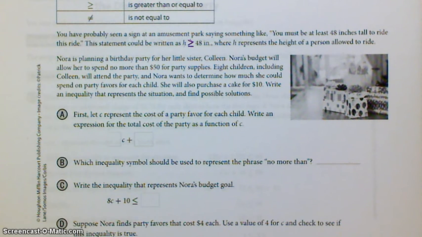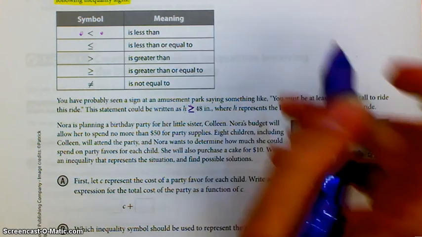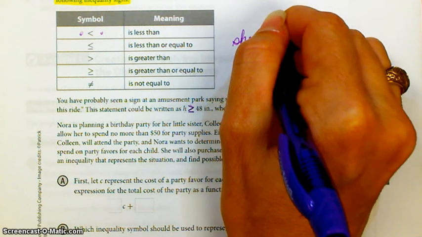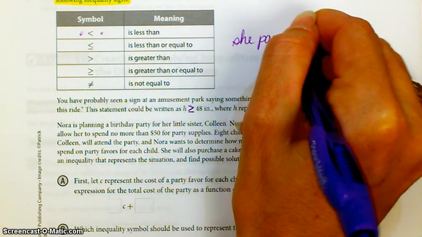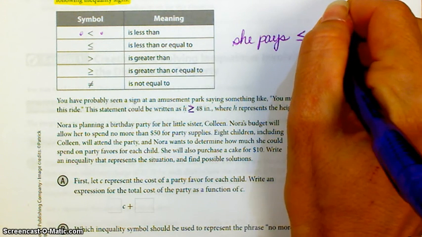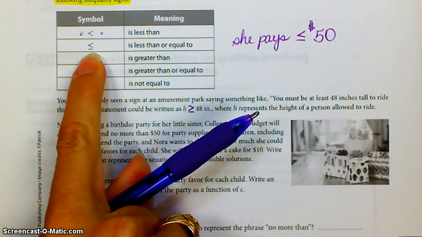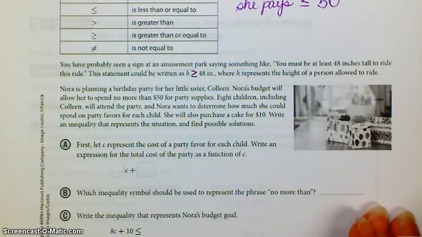So already I'm mentally saying to myself, she pays something that's less than or equal to $50. Less than or equal to is what I'm going to use in my inequality.